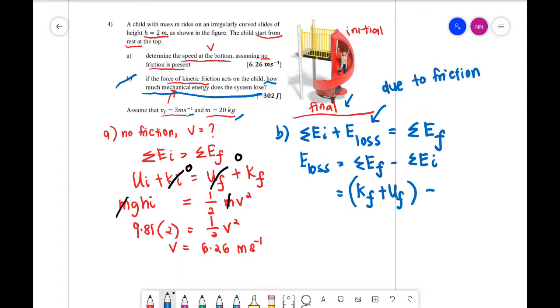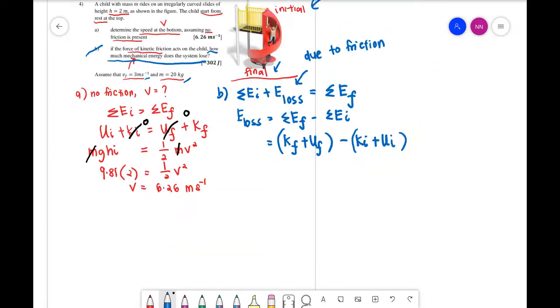And then dekat initial, kinetic energy initial tak ada sebab dia at rest. Tapi dia ada potential energy initial sebab dia dekat particular height from ground level. So kita boleh cancel siap-siap U final, tak ada, kosong tadi. And then initial tak ada kinetic energy.